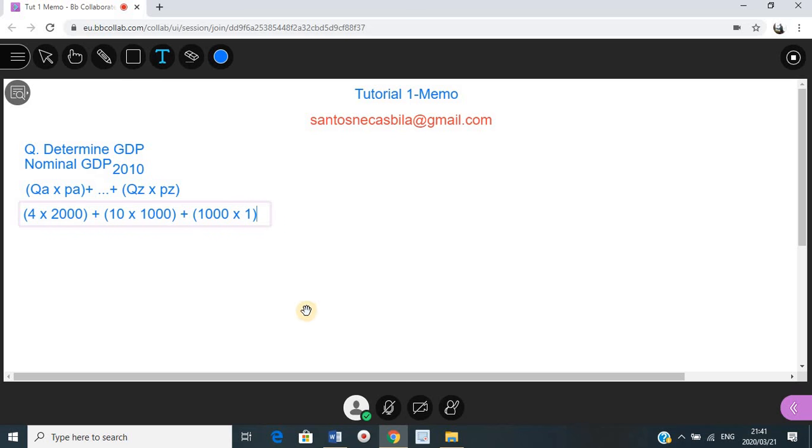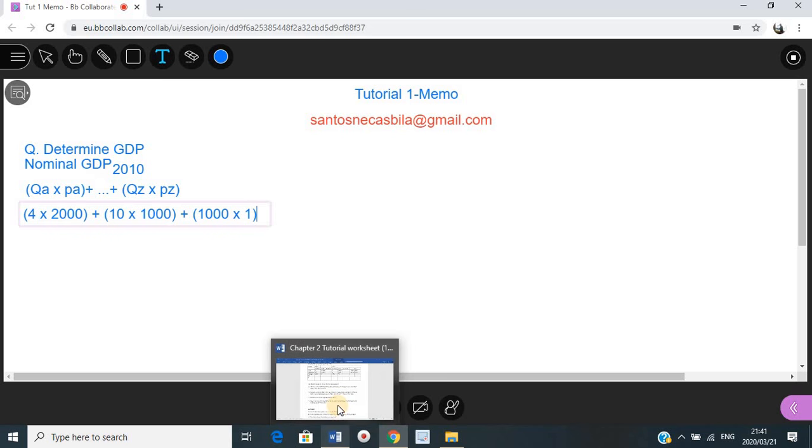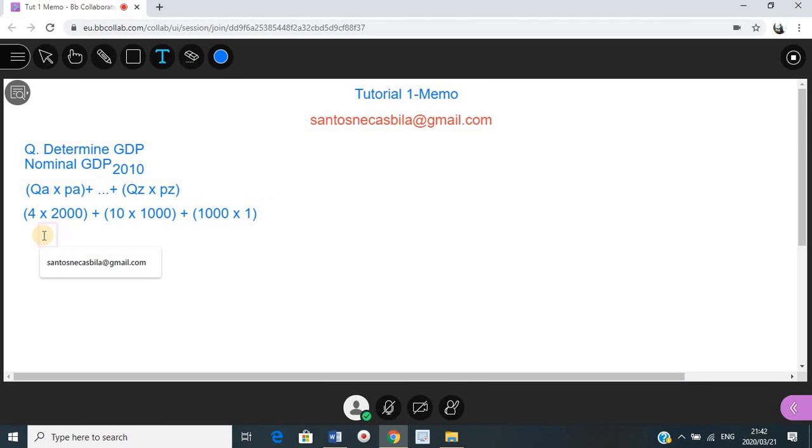Let me just check. Very good. So this is going to be 8,000 plus 10,000 plus 1,000, and this is going to be equal to 19,000. So this is our nominal GDP for 2010.